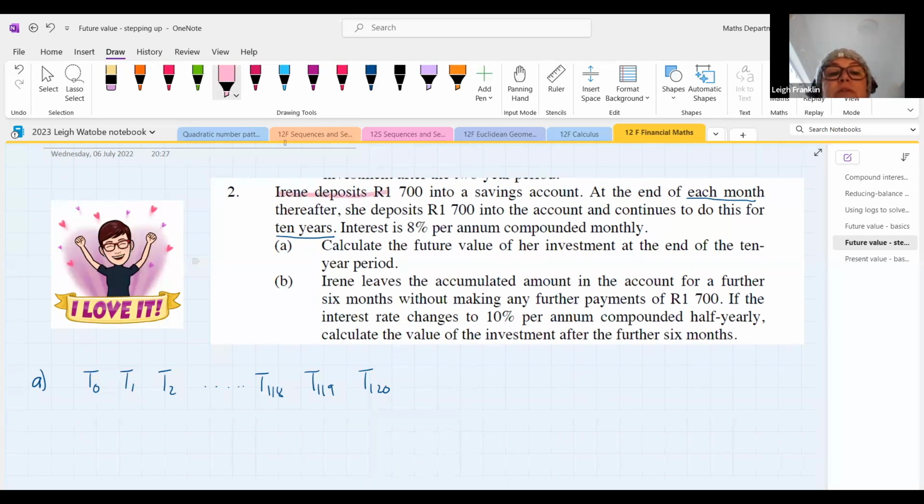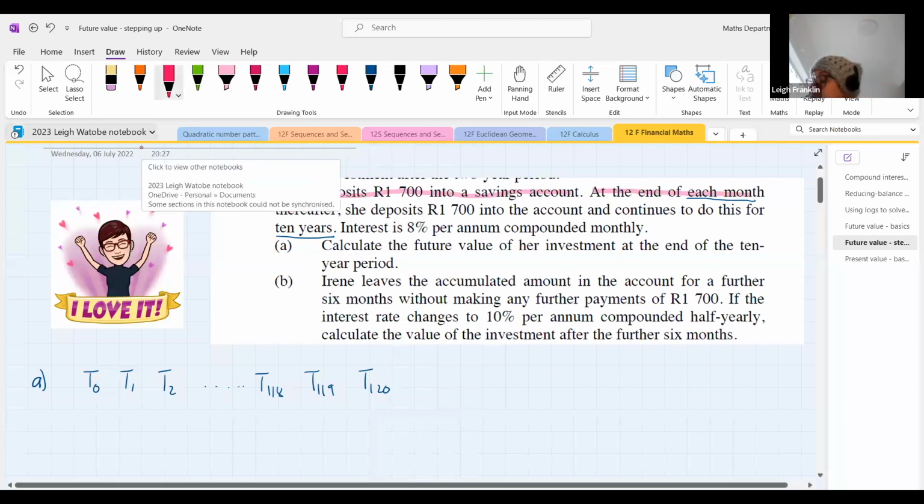She deposits the 1,700 into the savings account, and then it says at the end of each month thereafter, she deposits 1,700 into the account. So my question to you is, is there an immediate payment? Is there a payment at T0?